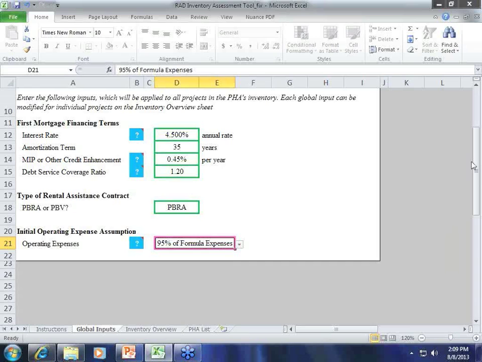Either send a note to rad@hud.gov, raise your hand. One second, folks, as we try to work out a small technical glitch. Kathy Dorgan, you're on the line. Can you hear us?